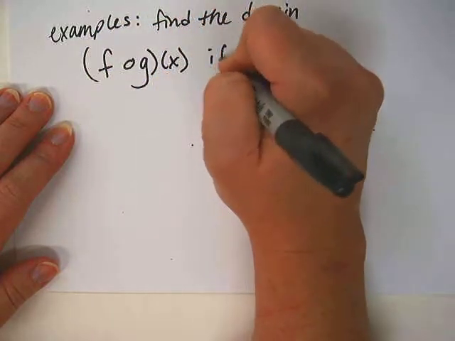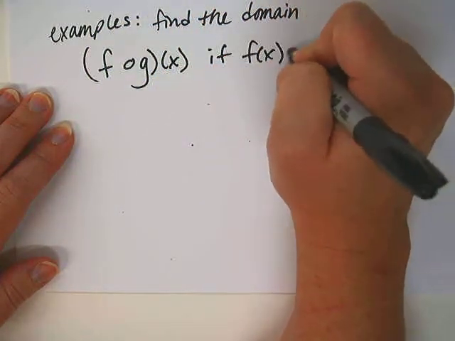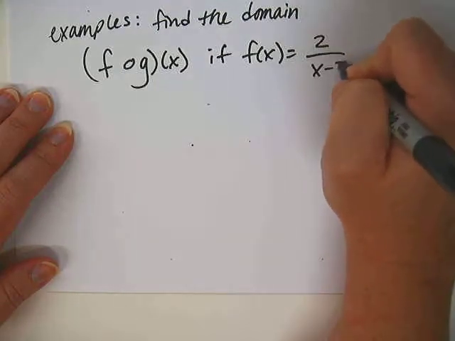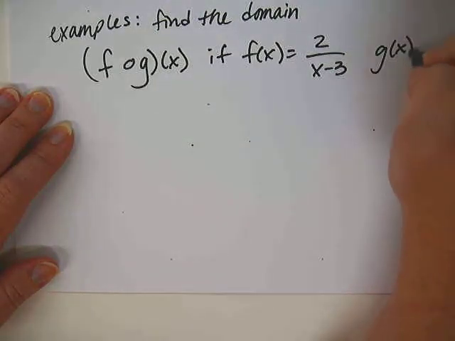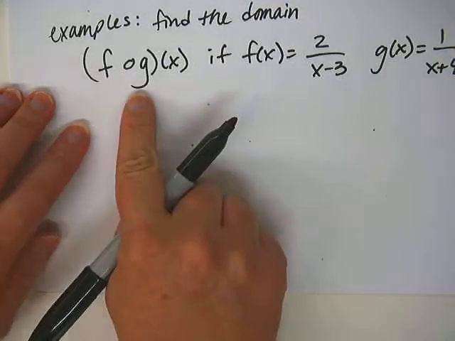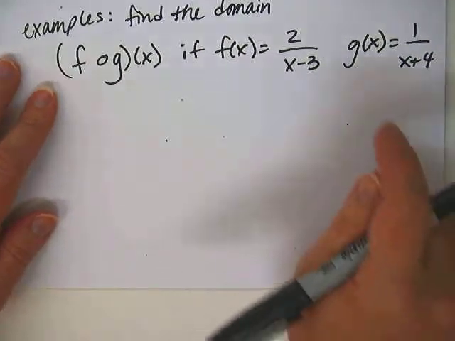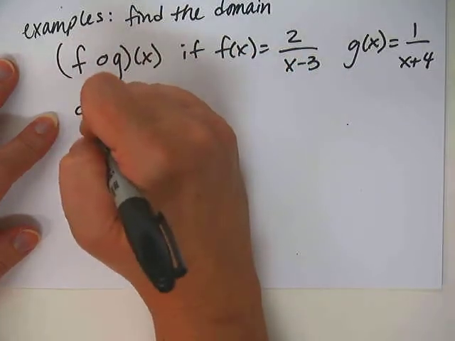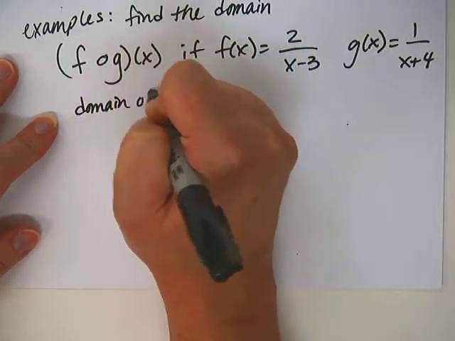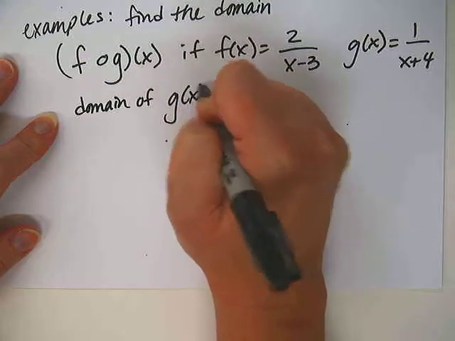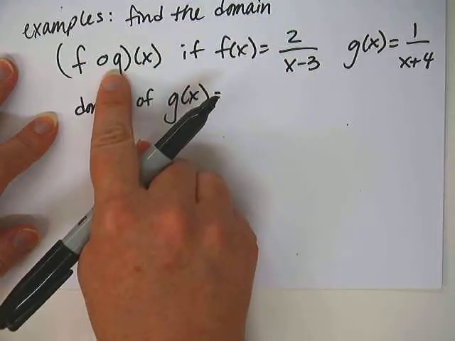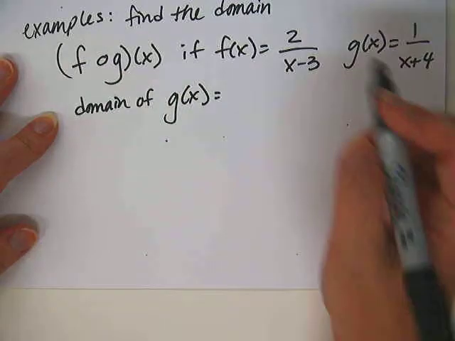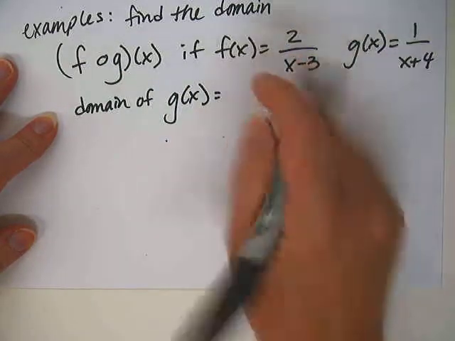Okay, find the domain if f of x is 2 over x minus 3 and g of x is 1 over x plus 4. Okay, so in this problem we're plugging g into f. So the first thing we have to look at is the domain of g of x, because we have to realize what we can actually plug into that in the first place.